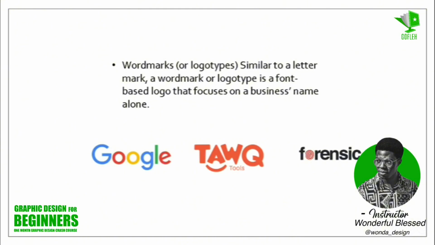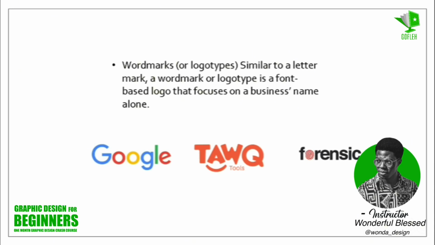This one is a bit similar to the first example, but now this one uses the name of the company, the business name fully, as the logo. See this example, Google. His logo is Google. The logo is his name.